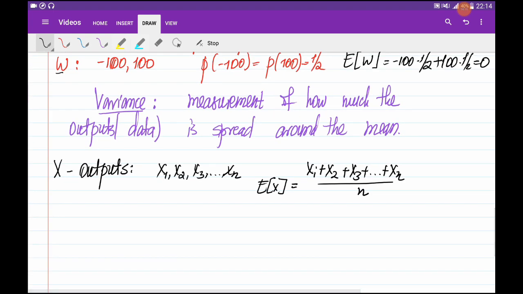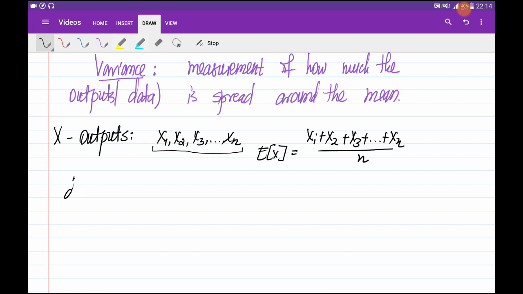So let us calculate the mean, and now I would like to measure how these points are spread around the mean. The idea would be to find the distances from all the points, for every point, the distance between the point and the mean.